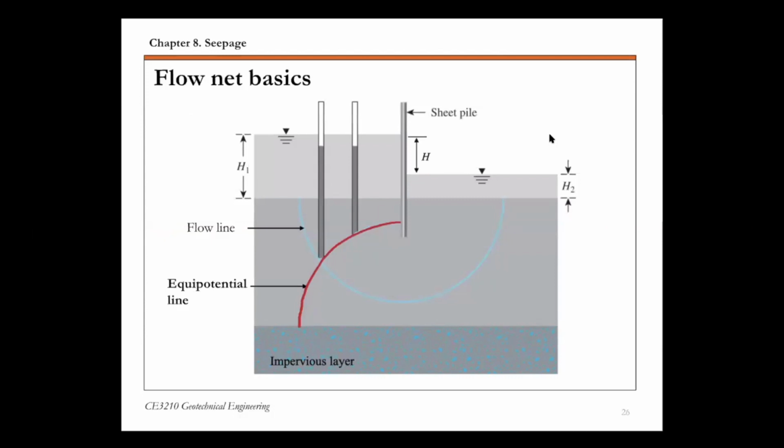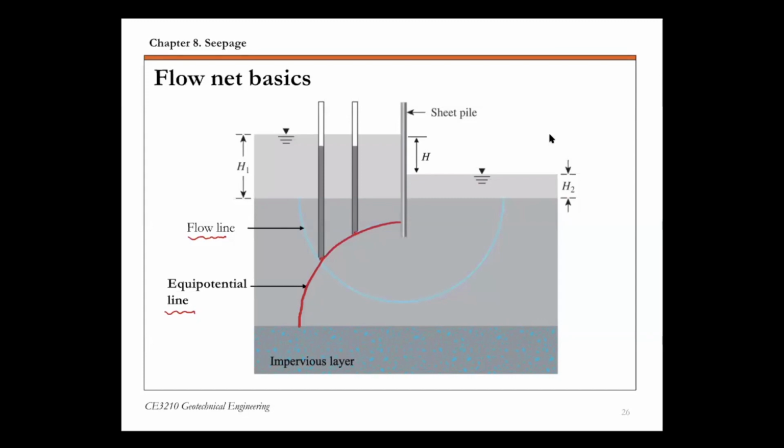If you look at this, again I'm isolating just two curves here. The first one is the flow line we just introduced. The second line, the red line highlighted here, is one equipotential line. As the name suggests, any point on this equipotential line has the same potential.